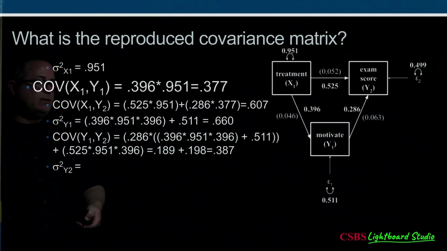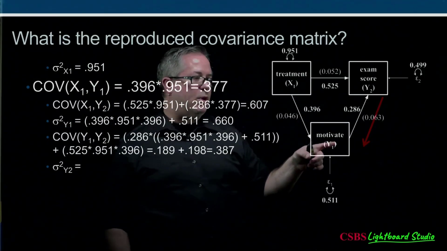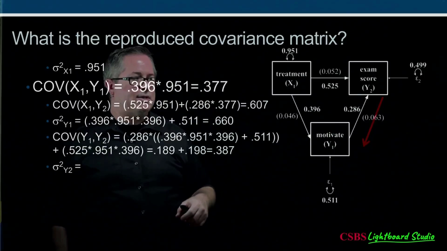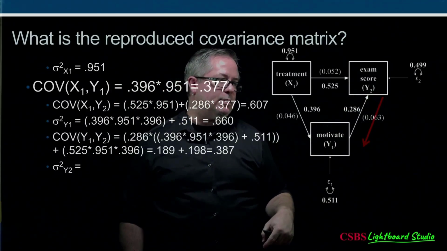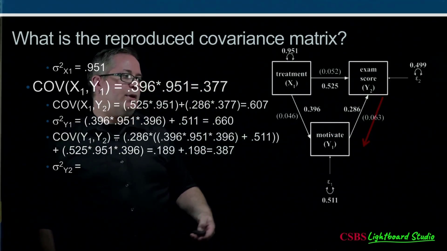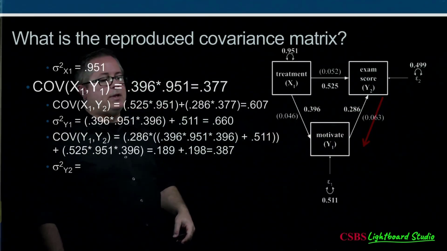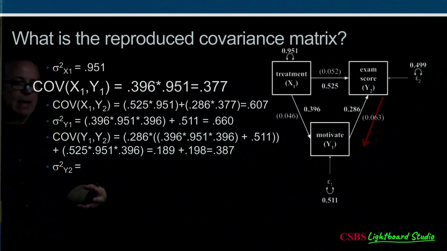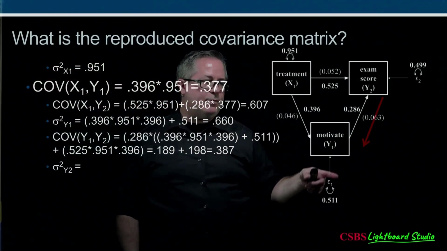It's not too bad. So we start off again with y2, because y2 is the thing that's most dependent, right? If we're looking at y1 and y2, yes, they're both endogenous, but because y1 predicts y2, let's start with y2 and work backwards. One way I can start with y2, I can trace backwards, 0.286. Remember that rule: anytime you're tracing along a beta path, you have to include the variances of the predictors as well.